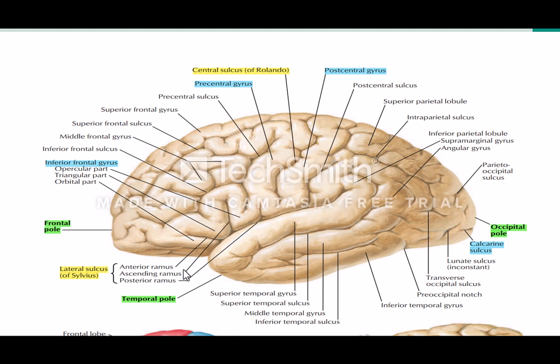We have the frontal pole, the temporal pole, and the occipital pole. This is different from the lobes because there's no parietal pole. It's not acutely curved at this upper point. But we have the frontal lobe, the temporal lobe, the occipital lobe, and the parietal lobe.